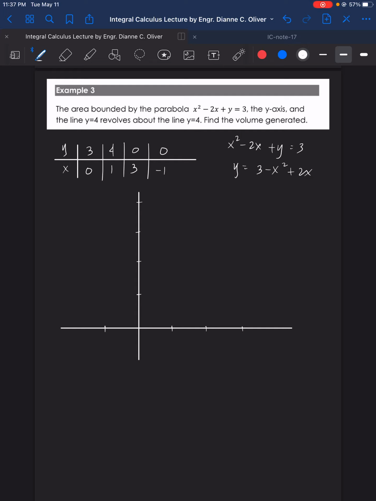So if x is equal to 0, y is equal to 3. If x is equal to 1, then y is equal to 4. If x is equal to 3, then y is 0. Same with x is equal to negative 1, y is 0. So, we can form here a parabola.